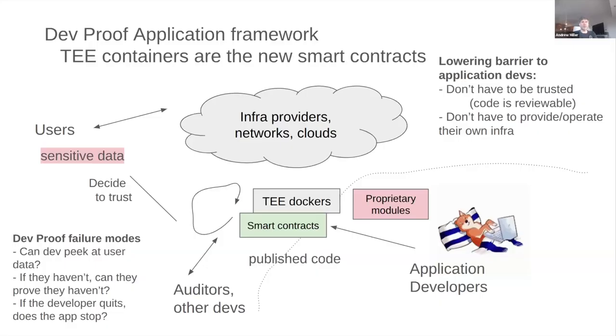And the way that I think about TEEs, and especially these Docker Compose frameworks, both the dstack one that Hung presented on, and you'll see Oasis ROFL presented in a little bit, these are two different Dockerized frameworks for making TEE apps. And I basically think that these containerized TEE apps are going to be the new form of smart contract, but otherwise they're going to have all of the really key properties that make smart contracts so interesting.